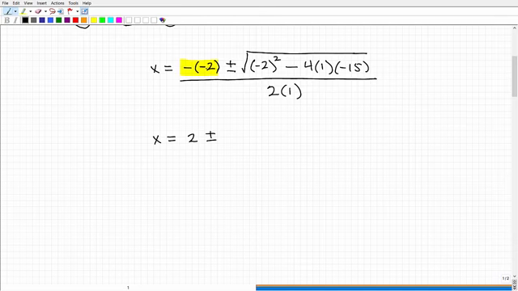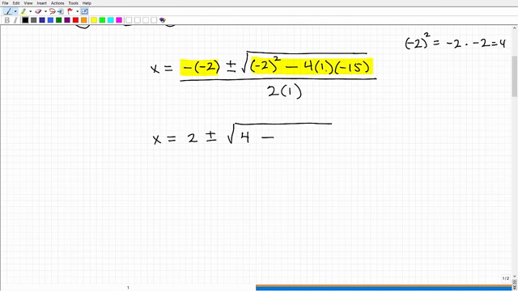So negative of negative 2 is positive 2 plus or minus the square root. And just kind of work this down one at a time, okay? So negative 2 parentheses squared means this. That's a negative 2. Negative 2 squared means negative 2 times negative 2. So that is going to be equal to a positive 4. All right, so I'm going to write that right here.